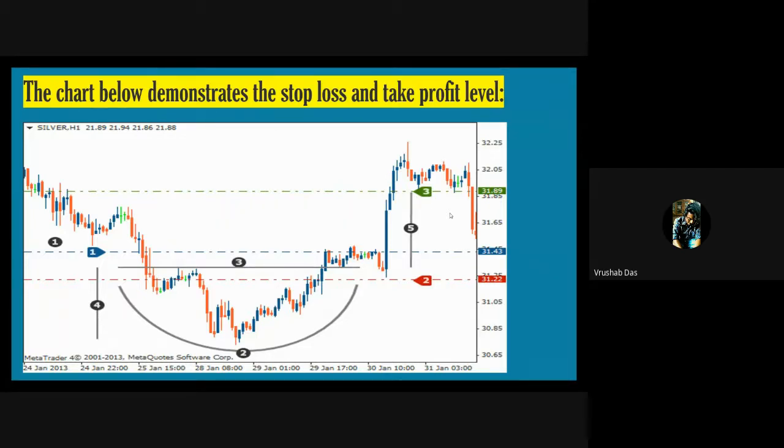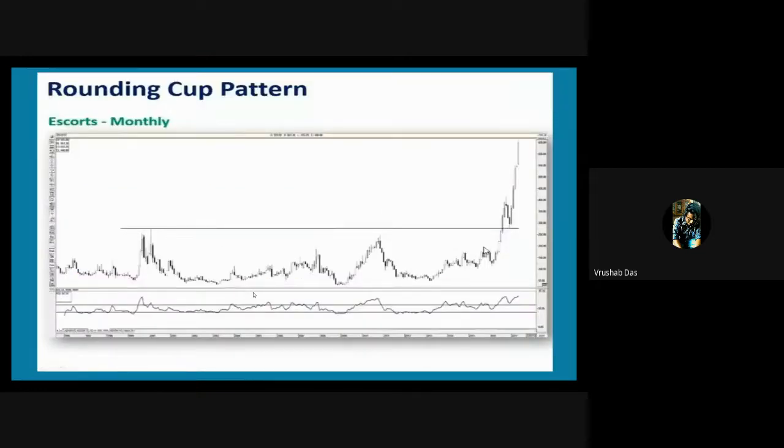You can see what the height is. As I have talked about, the greater the height, or distance of the cup, the more it shows a reversal pattern. The chances of a reversal will increase if the height of the pattern is greater.